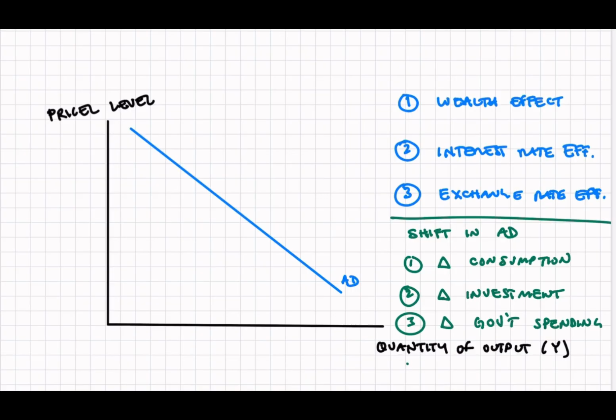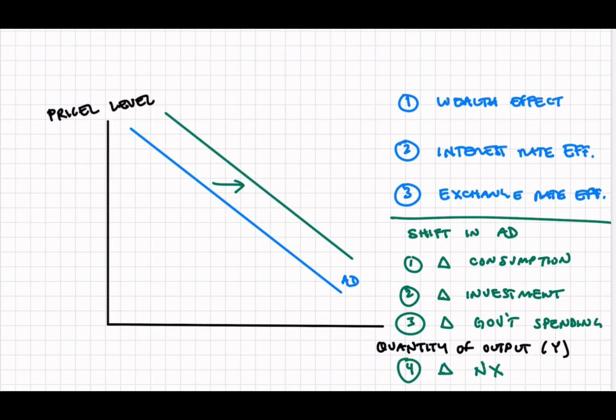And then the fourth thing might be a change in net exports. So here's just an example. If we just are focusing on only aggregate demand, then if the US were to adopt a policy where they say, well, we're not just going to do tariffs, but we're not going to allow for any international trade. So no exports or imports. So in a sense, net exports would go to zero. Well, for the US, because they have a trade deficit, which means they import more than they export, this would actually cause a shift out in the aggregate demand.